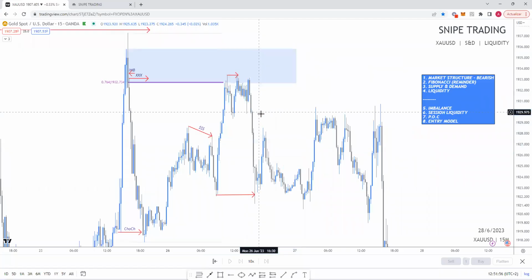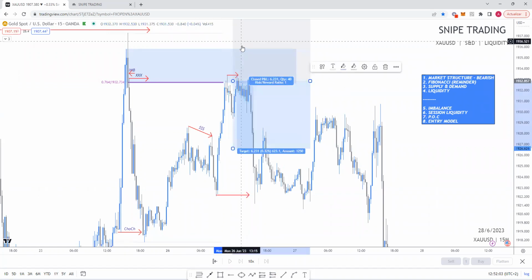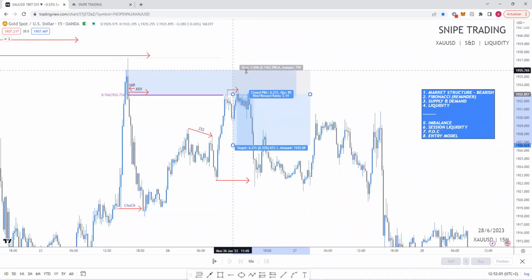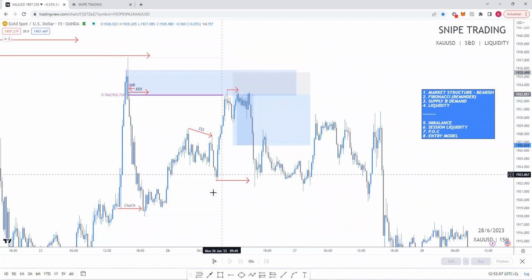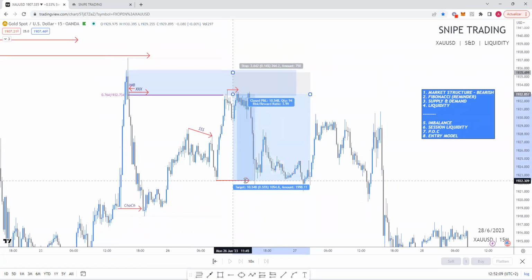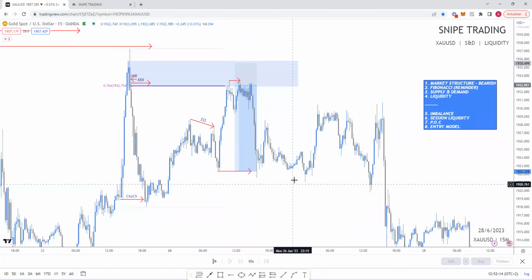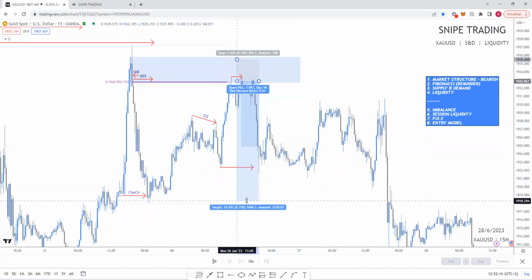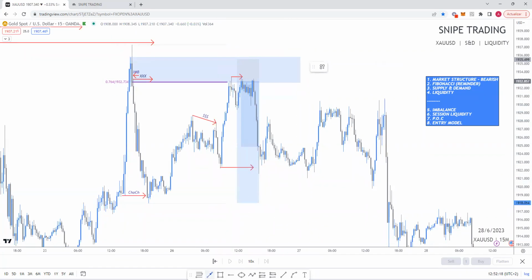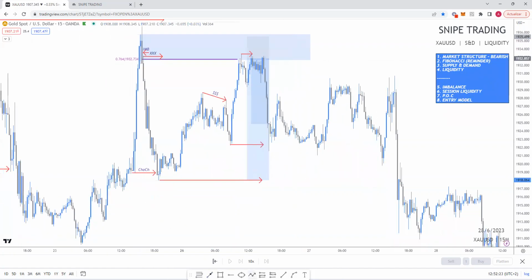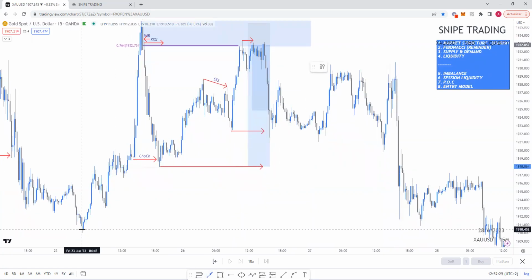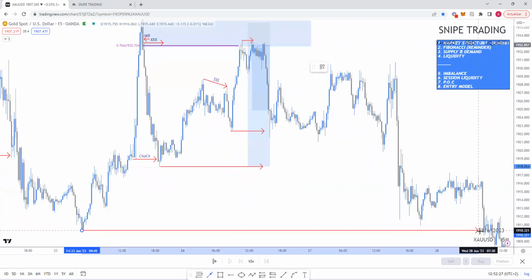You can always also look for liquidity as target. So you see we have this low right here. You could use it as liquidity and just target the takeout of this low, and then target the takeout of this liquidity low, for example.